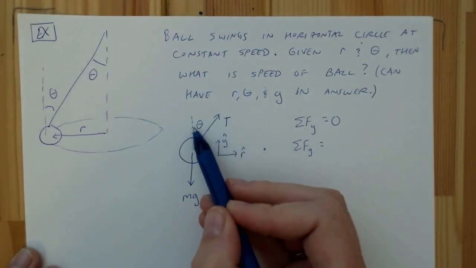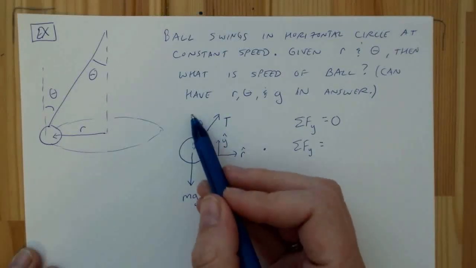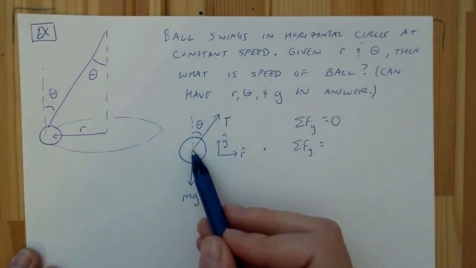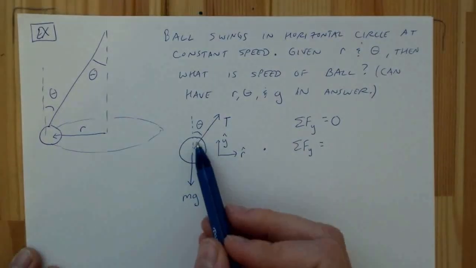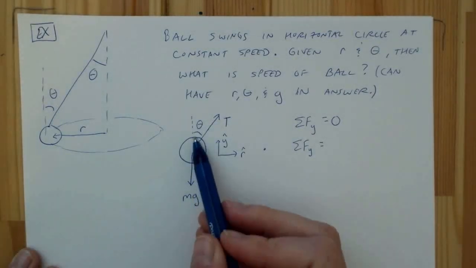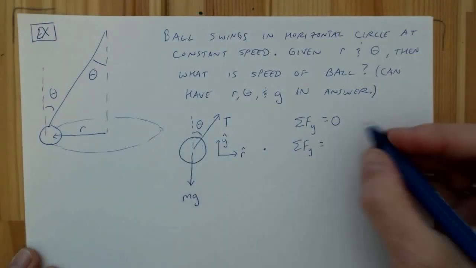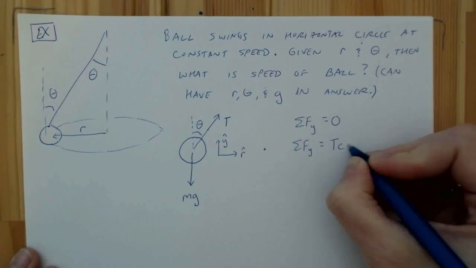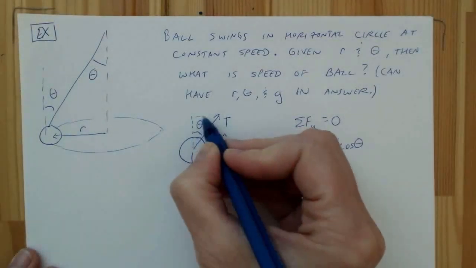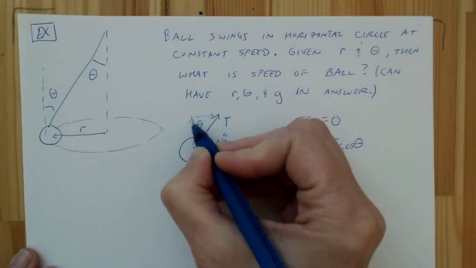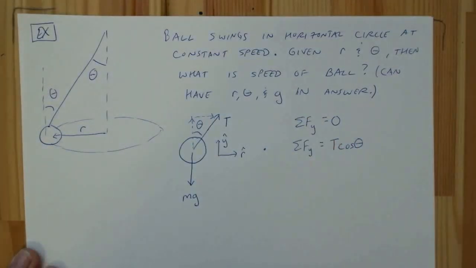First, we have this vertical component of the tension, right? So only the component of the tension that points vertically opposite of the weight. And we see that that component is actually adjacent to this angle theta. So we can write it as T times the cosine of theta because of this triangle here, where we have our vertical component of the tension and the horizontal component of the tension.